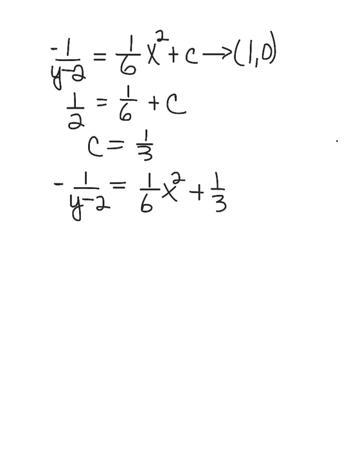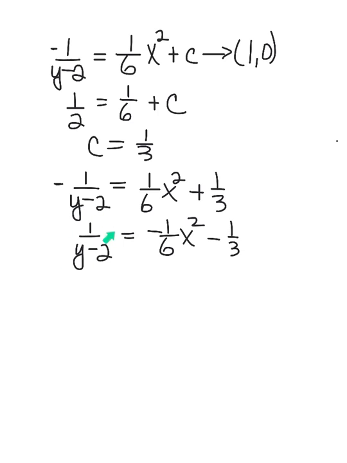All right, so now we're going to try to get y by itself. Well, I'm going to get rid of the negative first. So that's going to be 1 over y minus 2 equals negative 1/6 x squared minus 1/3. Okay, now, we did this in a previous problem as well.